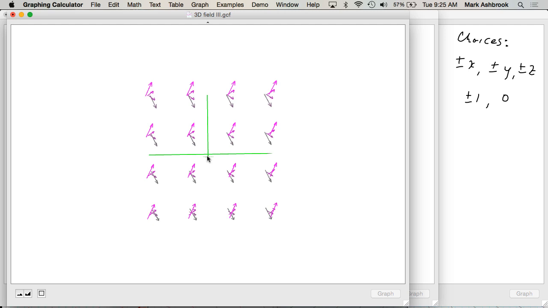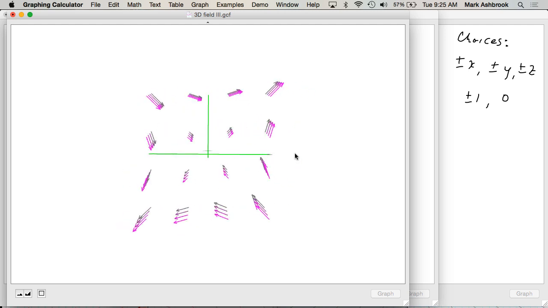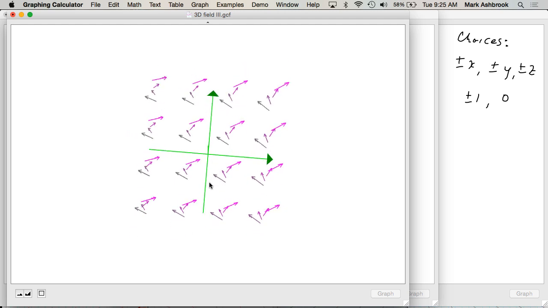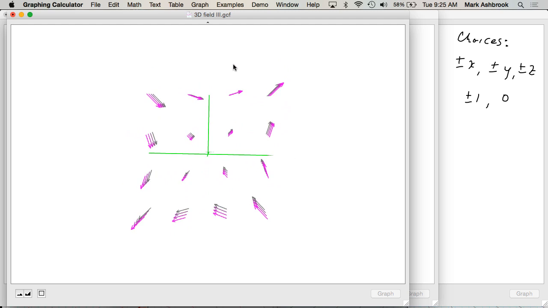Let me show you the xz plane. Let's do this one. How about this? Here's the xz. X to the right, z up.